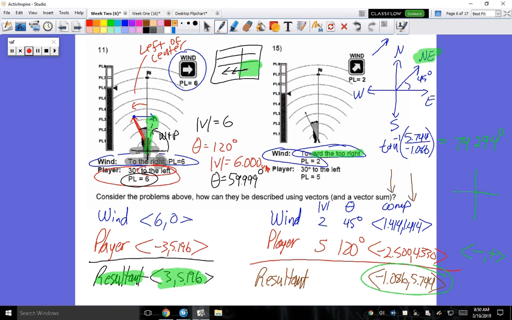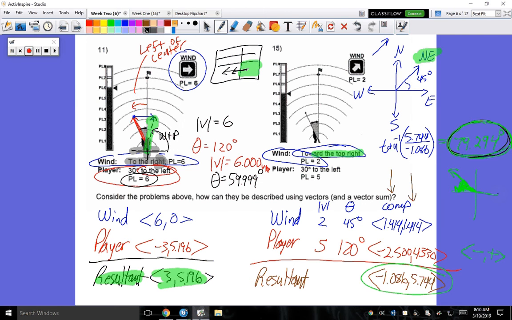So a negative x, positive y says it's going to be somewhere in a quote-unquote quadrant 2 location from the origin. And this angle here, this 79, the reason why I want you to look at it as positive is because from this vector to the nearest x-axis is 79.294 degrees. Okay, it's the reference angle.